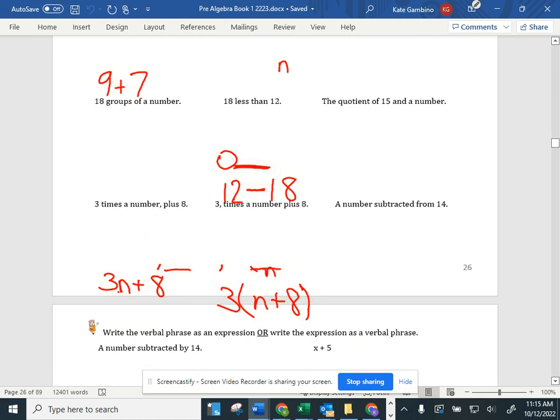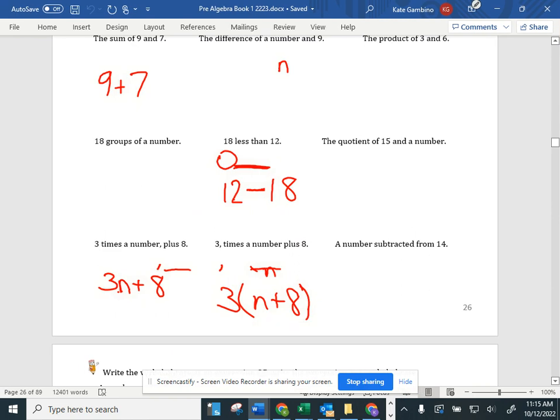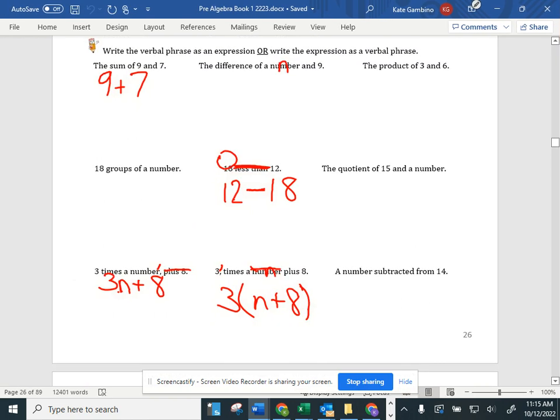Emily, do you have a question? I found the quotient of 15 and a number. So what does quotient mean? Divide. So we know we're going to be dividing. There are different ways we could write this answer.